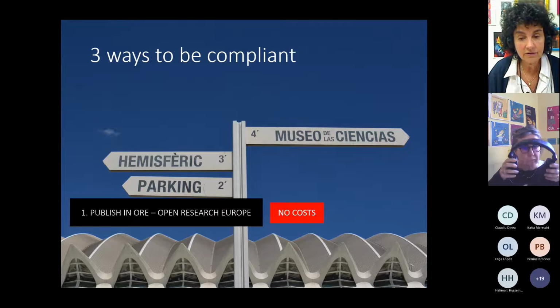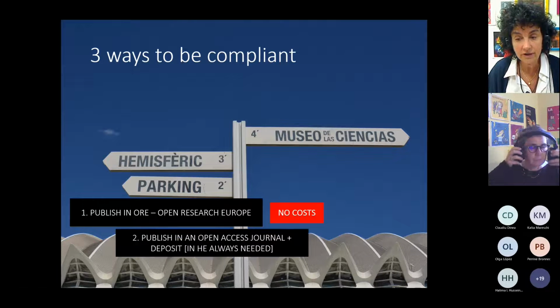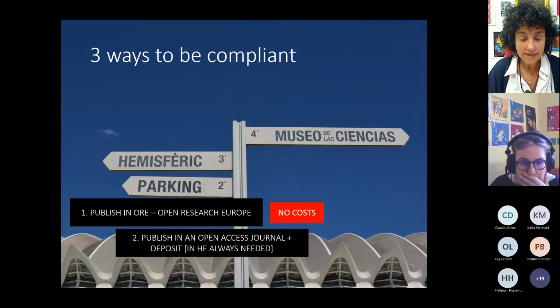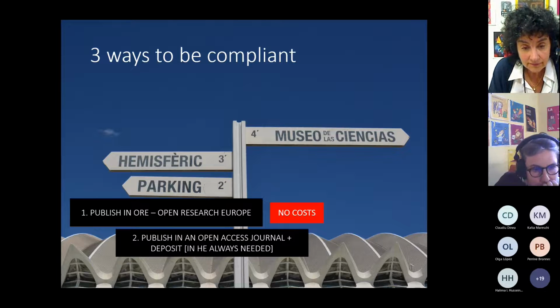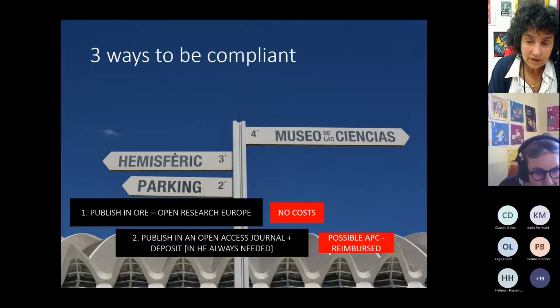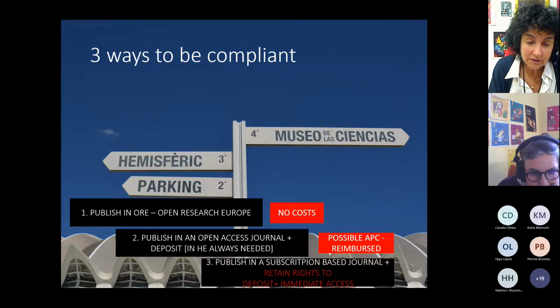Then second, and here you have no cost and you are immediately compliant with anything we are going to see. Second option, publish in an open access journal and deposit. Third option is publishing in a subscription-based journal, plus retain the rights to deposit and give immediate access, okay?